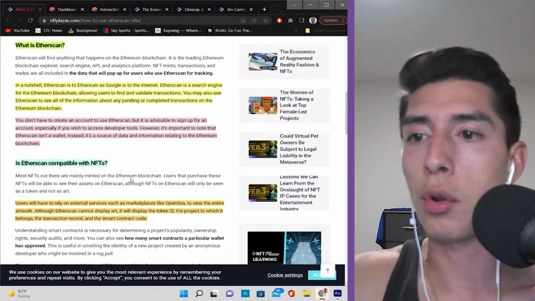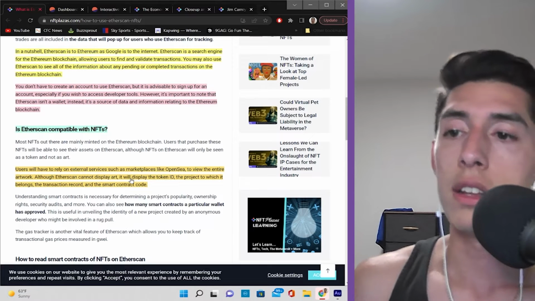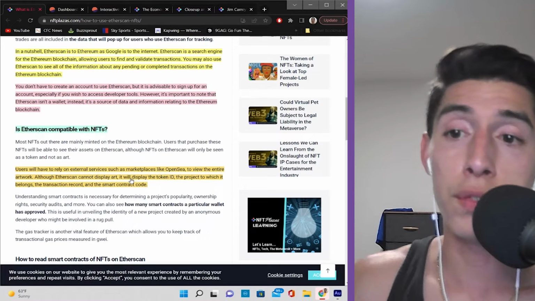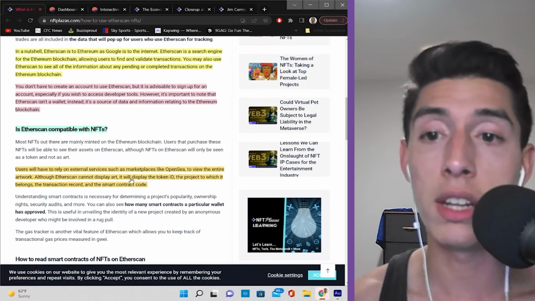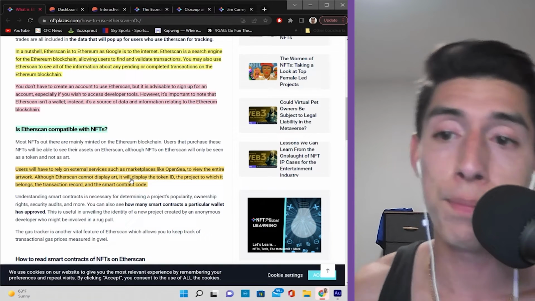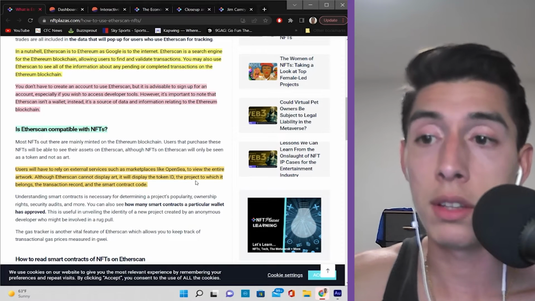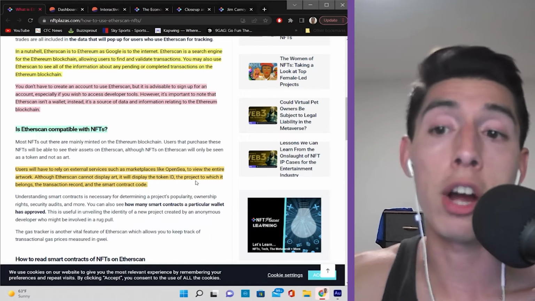So going back to the article, is Etherscan compatible with NFTs? Users have to rely on external services such as marketplaces like OpenSea to view the entire artwork. Although Etherscan cannot display art, it will display the token ID, the project to which it belongs, the transaction record, and the smart contract code.